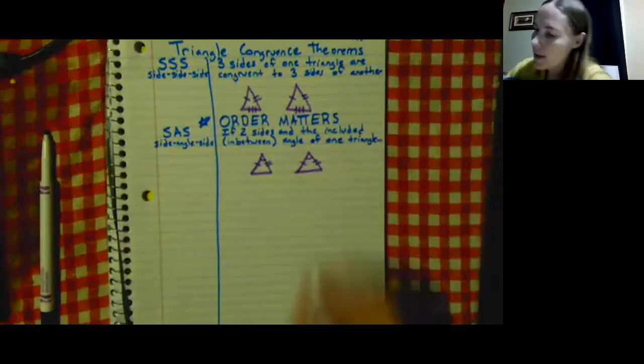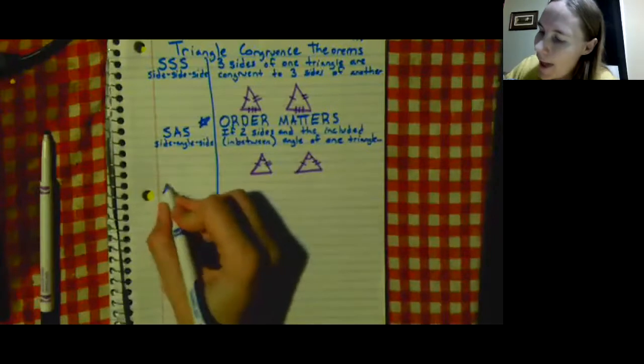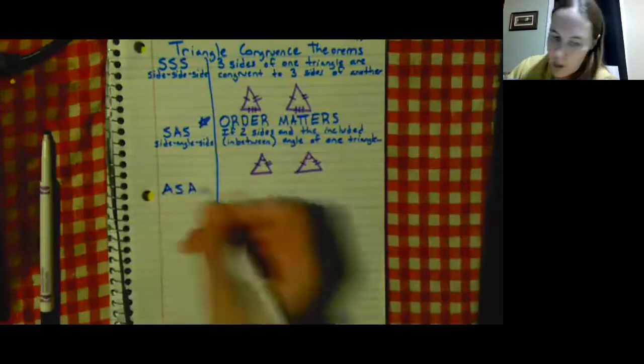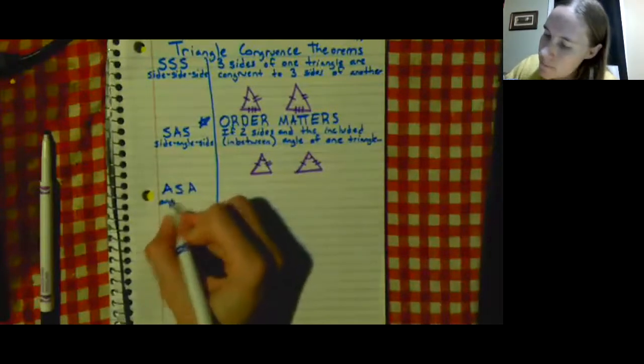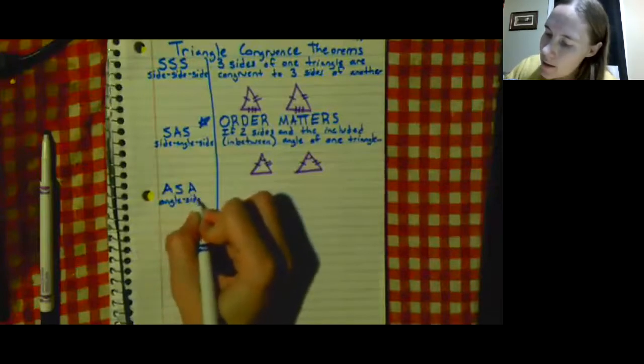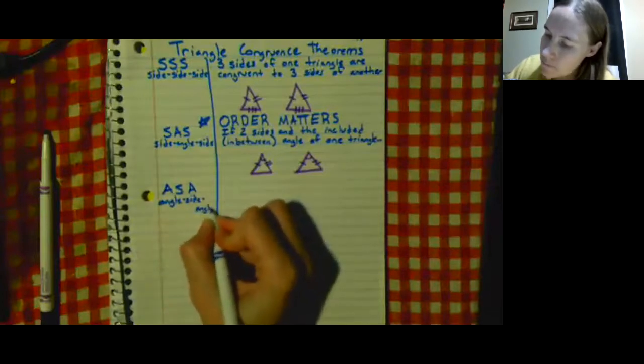The next one we discovered is ASA, which is angle, side, angle.